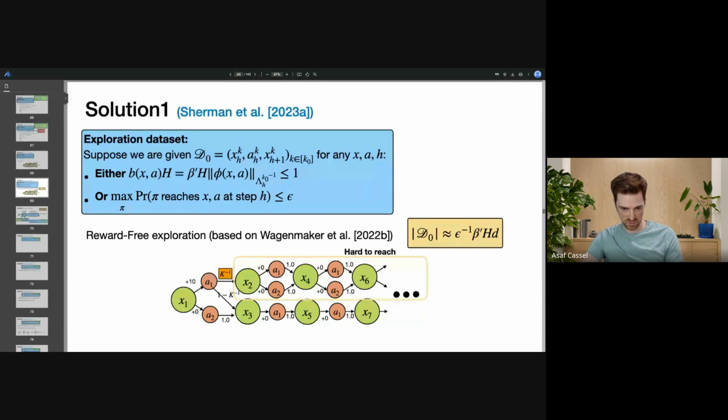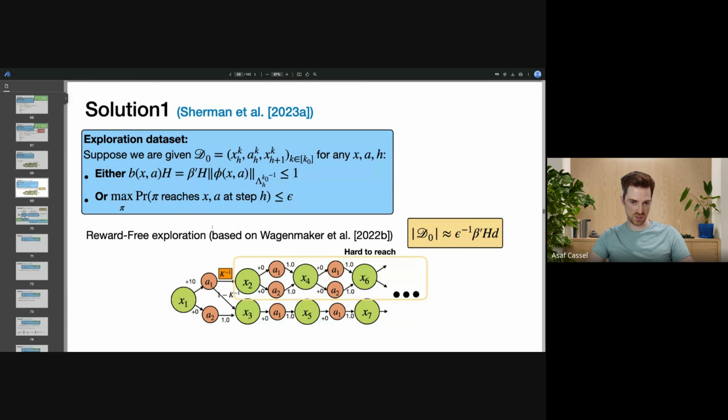Now this is more reasonable, and essentially you would expect the data set to have a size of more or less epsilon to the minus 1. Because if you can reach a state with probability epsilon, it'll take you about 1 over epsilon episodes to make sure that you can't get enough samples from this state, and then you would stop searching.